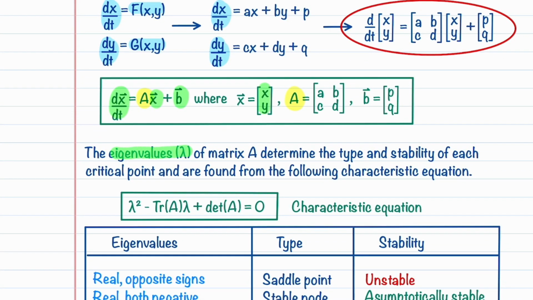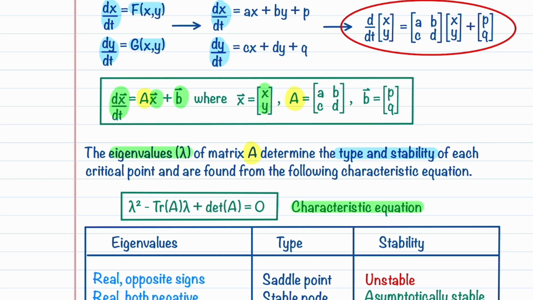The eigenvalues that we'll call lambda of our matrix A are what determine the type and stability of each critical point, and they can be found from this characteristic equation that I've written right down here.